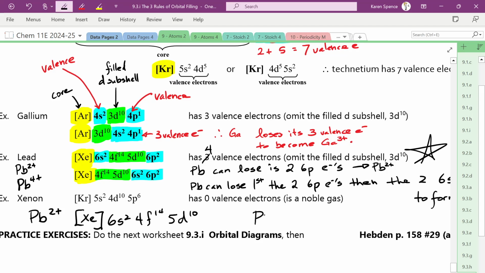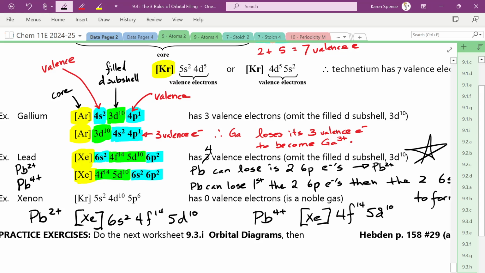And then if we had Pb 4+, it would be xenon 4f14, 5d10. So we lose the p's and then we lose the s's.